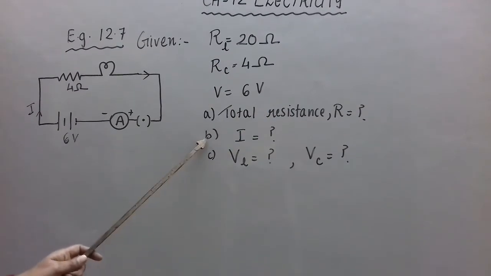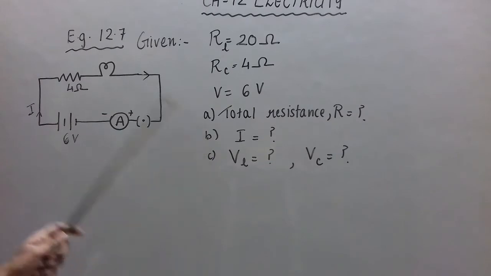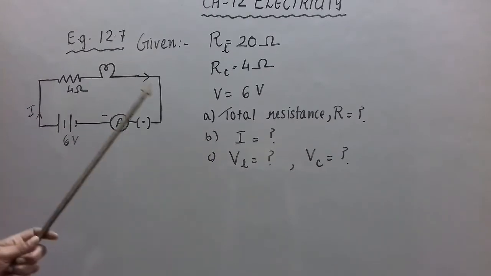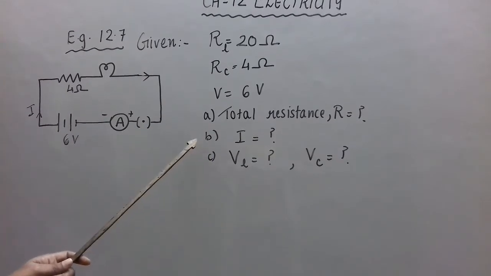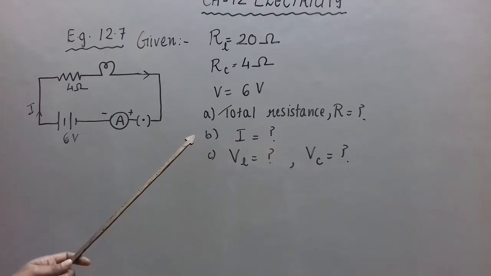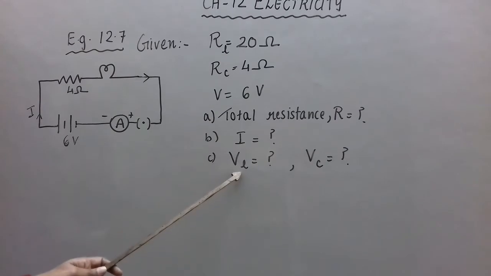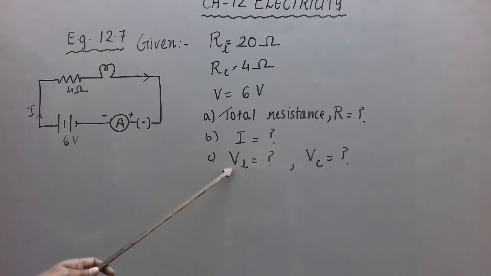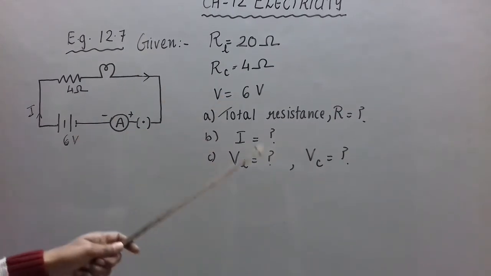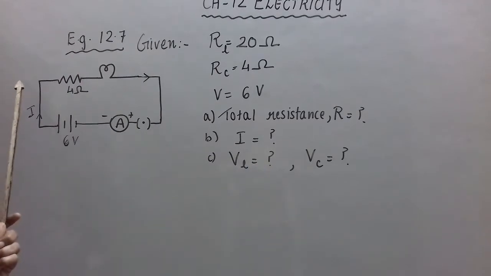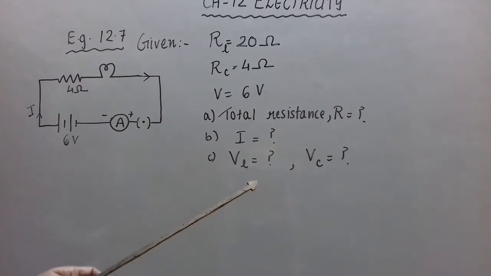B, the current through the circuit. As in the circuit, I is already used, and otherwise also we are supposed to use I for current. And C, the potential difference across the electric lamp and conductor. VL is the potential difference across the lamp and VC is the potential difference across the conductor. We are supposed to find this.